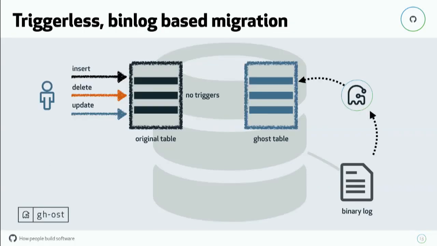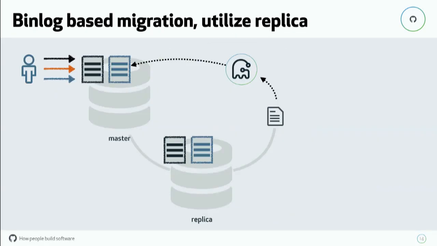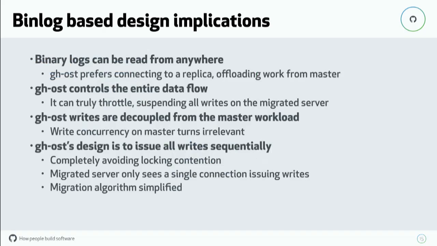This is cooler because now Ghost is looking at the binary logs on a replica and then applying changes to the master. That means that there's one less connection adding extra load to the master, right? So the binary logs could be anywhere, right? And Ghost can take care of everything that it needs to.